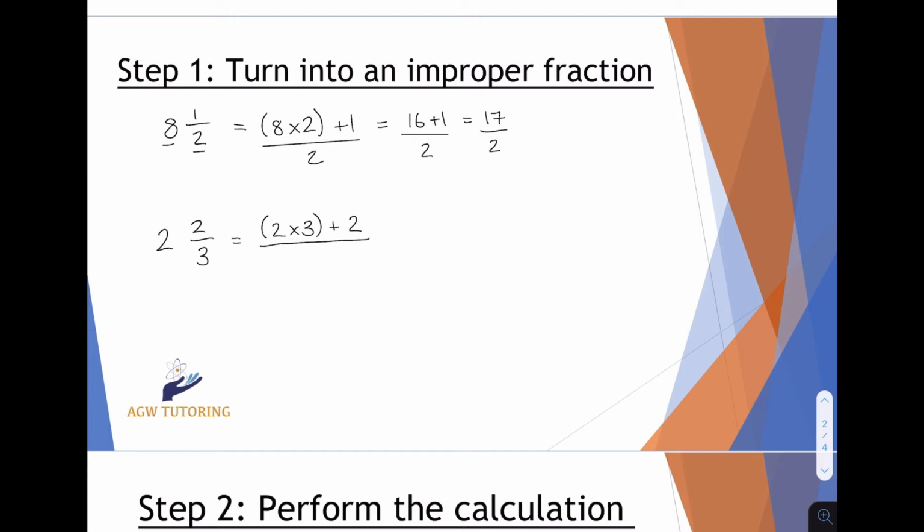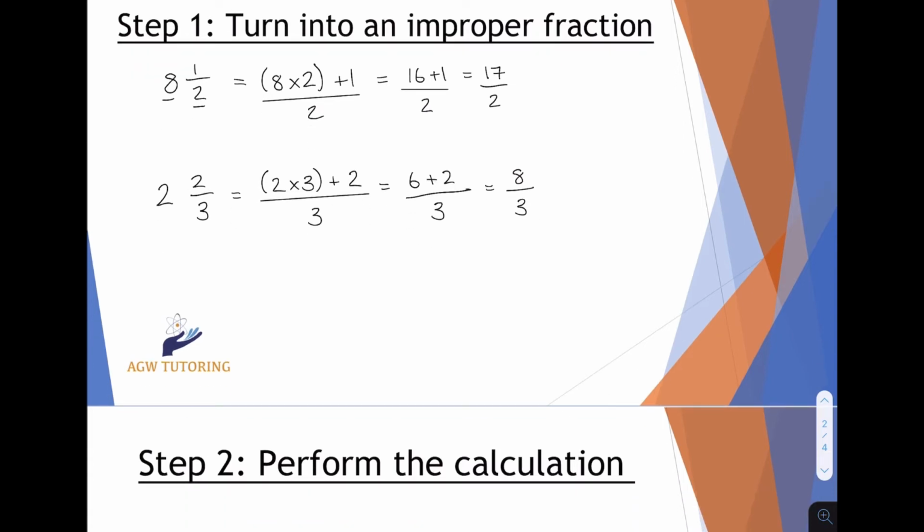And that's all going to be over 3. So in these examples, the denominator always stays the same. We're just working out what the new numerator would be. So we've got 2 times 3, which is 6, plus 2 over 3. So we've got 8/3.